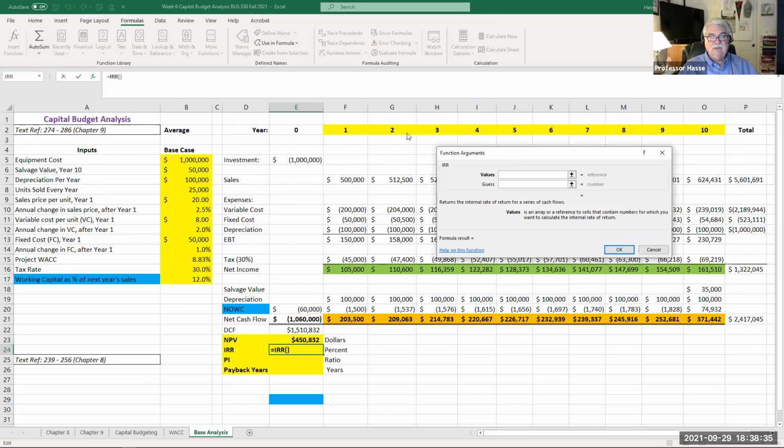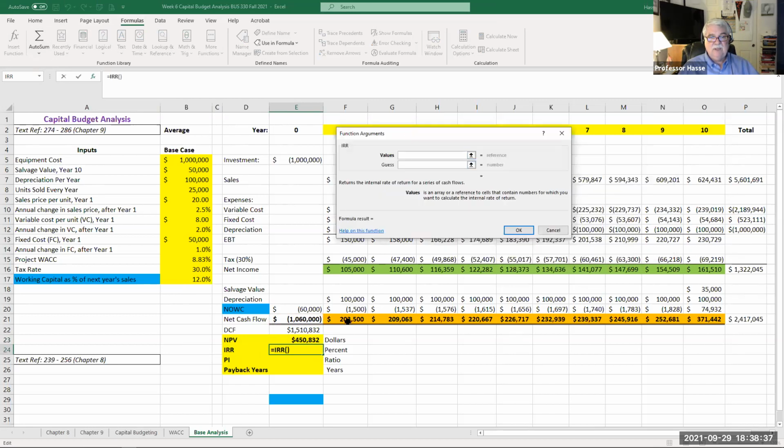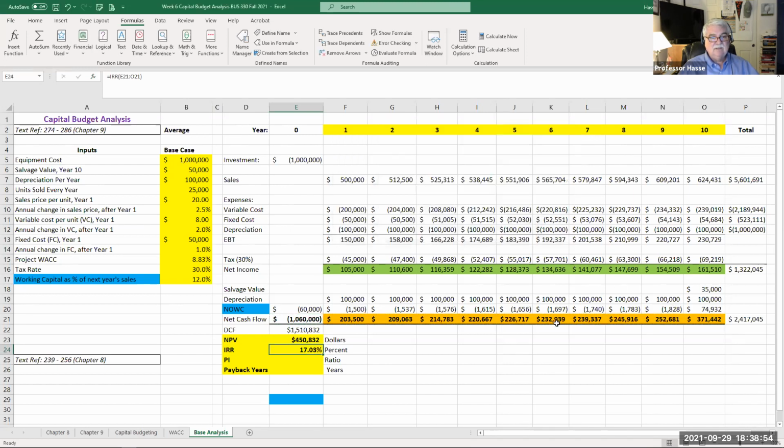And all you do here is under values, paint from year 0 to year 10, E21 to O21, taking the entire years, hit OK, 17.03%. That's our return in interest or return in percent.